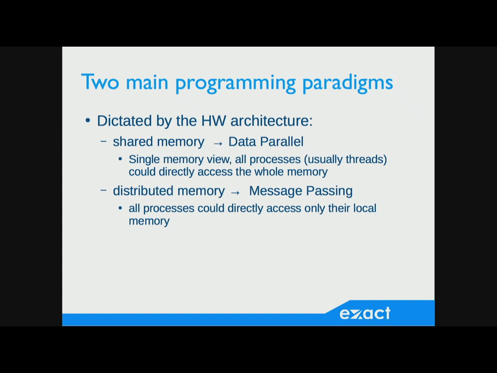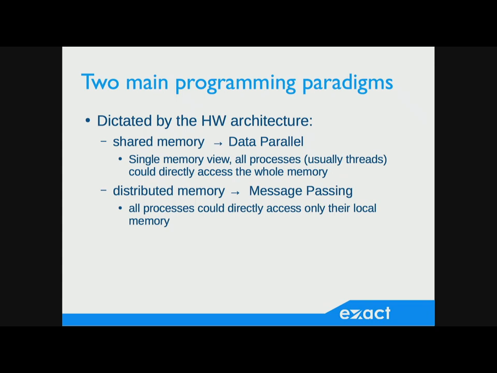Distributed memory is a completely different approach, because in order to access the memory of another processor or process, you have to explicitly ask that process to give you access, or to give you some messages or the data stored in that location.